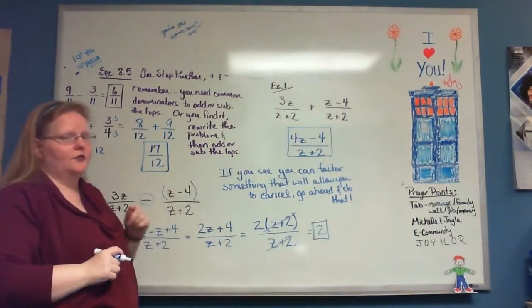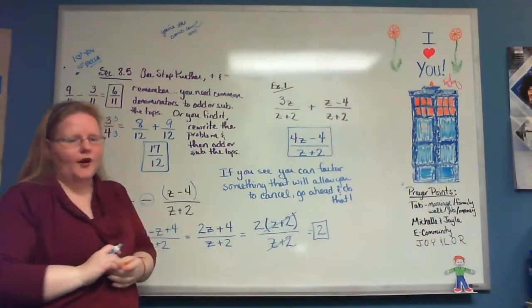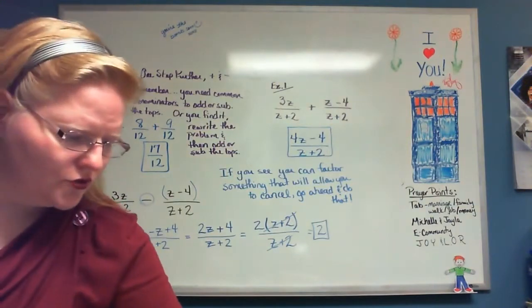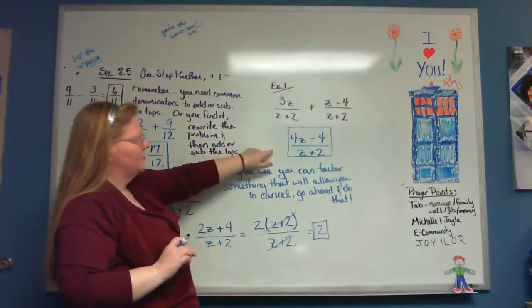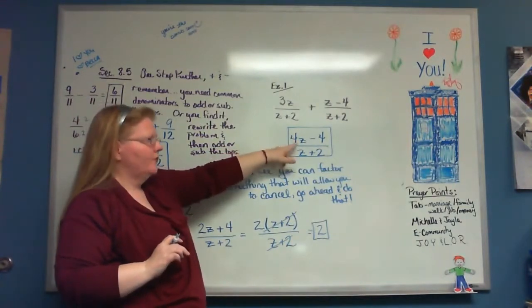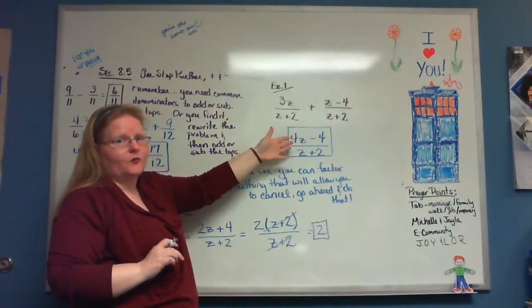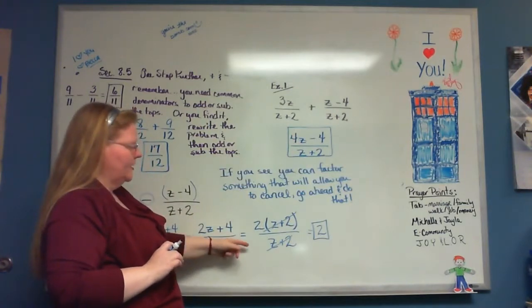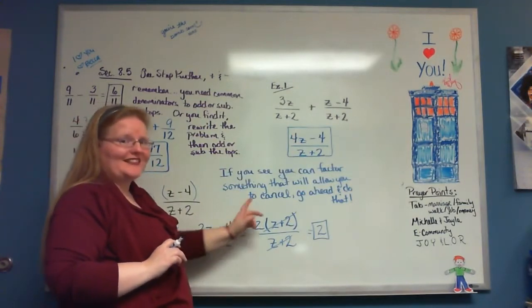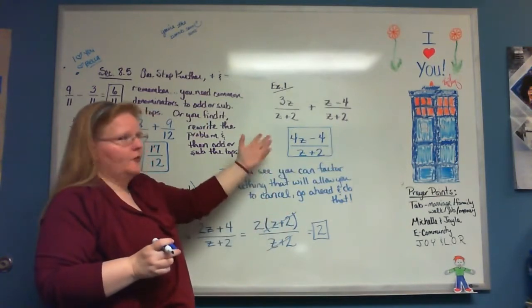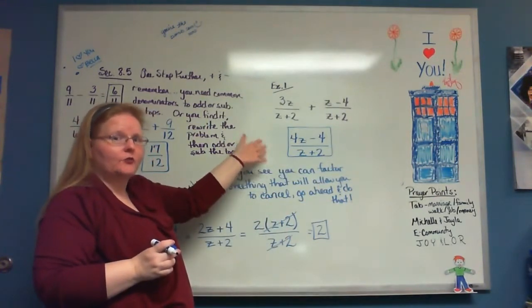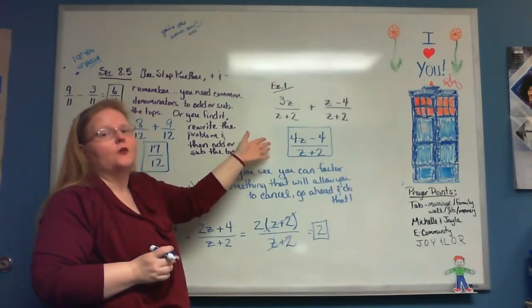If you see you can factor, while we could factor that 4 out up here, it wasn't going to get us anywhere. But factoring that 2 out down here did get us somewhere. So if you factored anyway up there, even though it didn't get you anywhere, and you left it in its factored form, that would be okay.